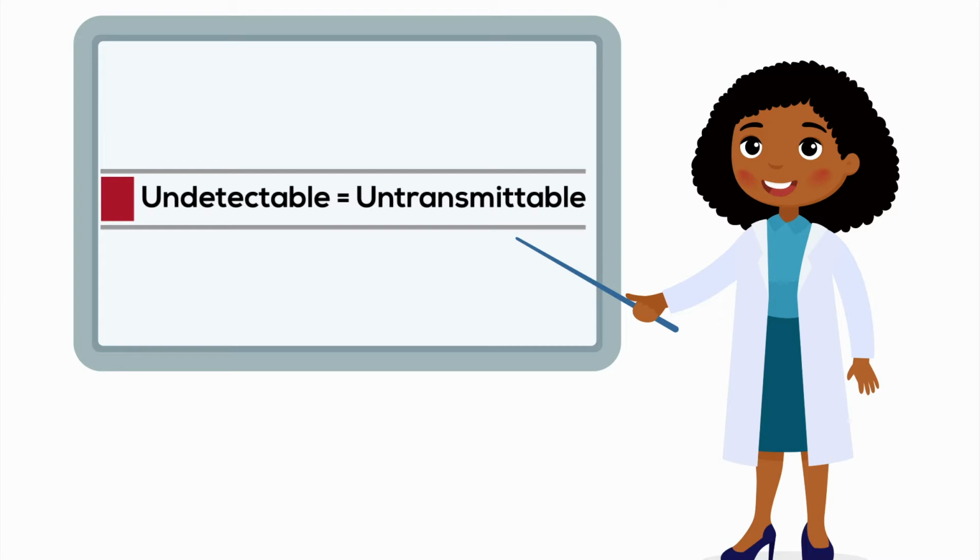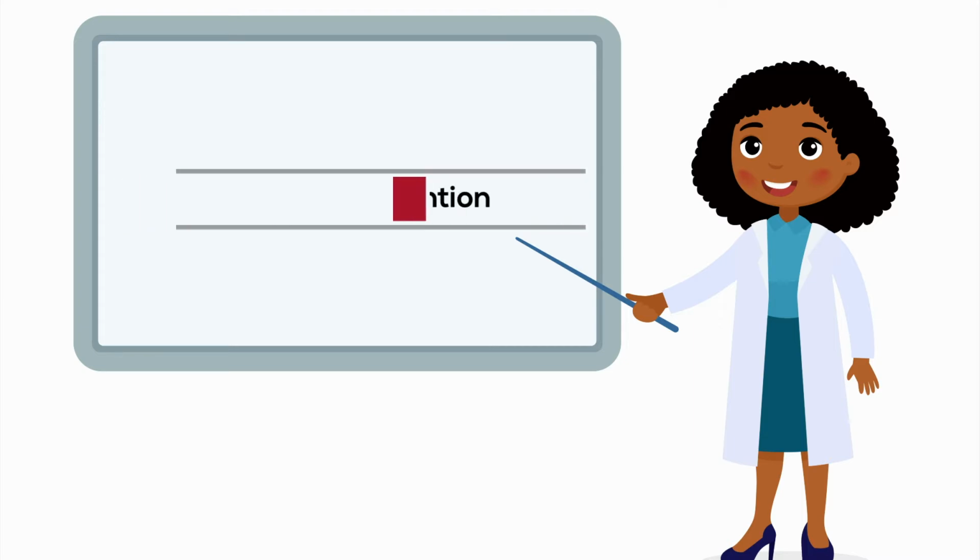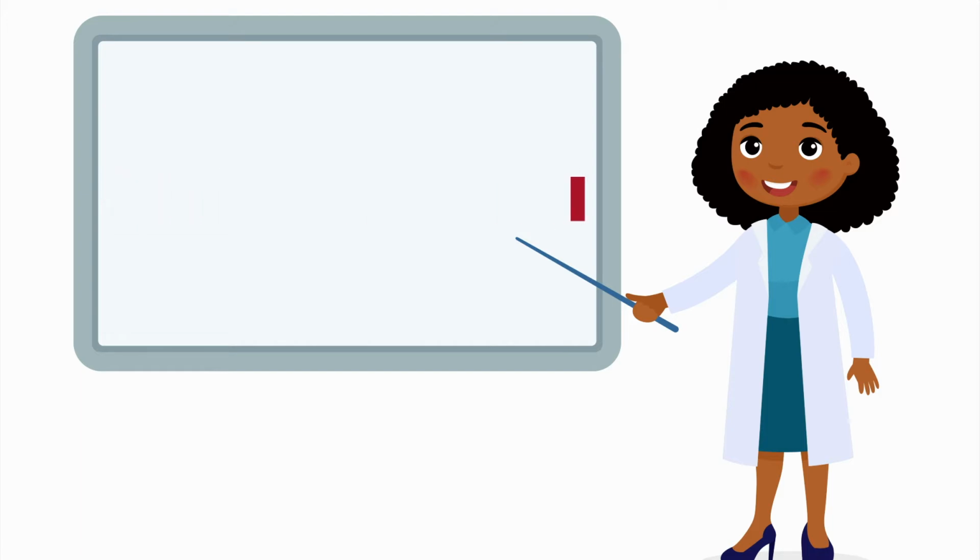These advances have formed the nation's approach to HIV prevention by ensuring that everyone living with HIV is aware of their status, receives the treatment they need, and achieves sustained viral suppression. We can reduce new infections in the United States.